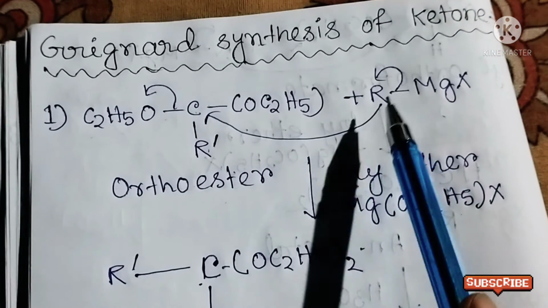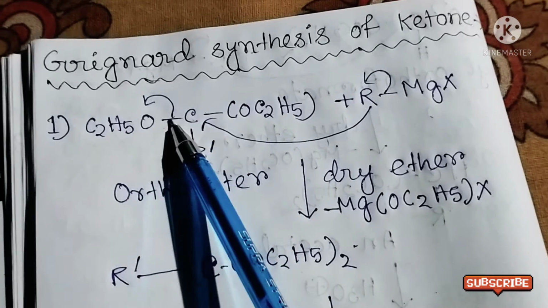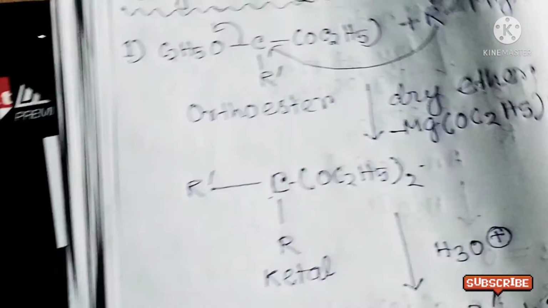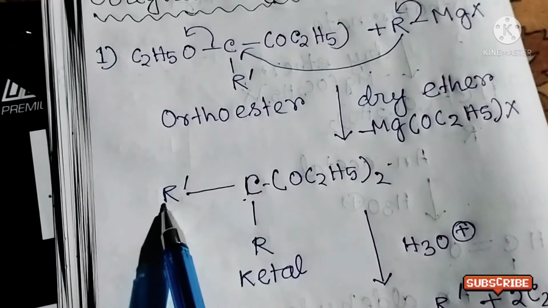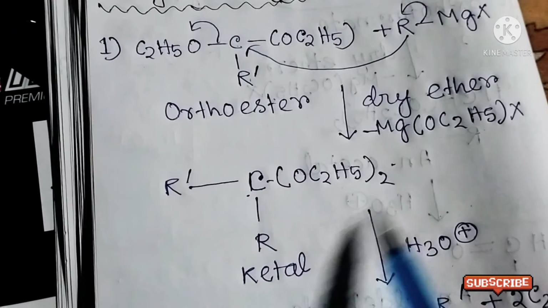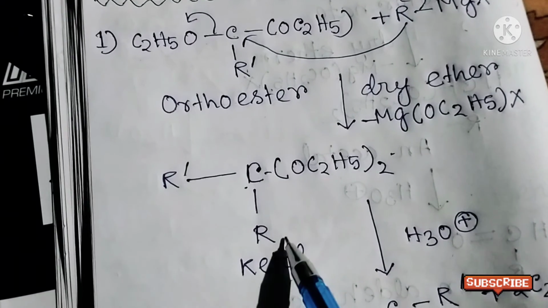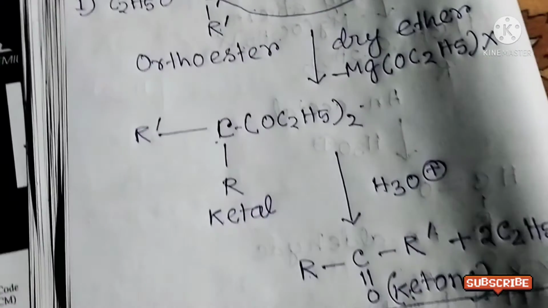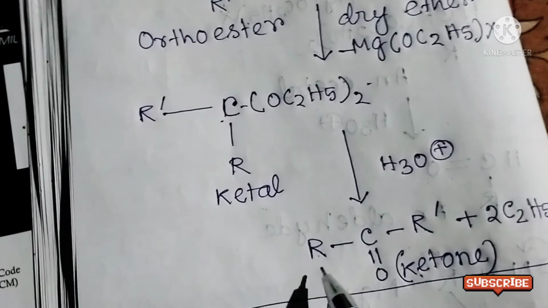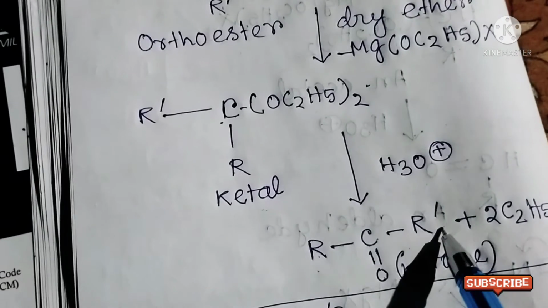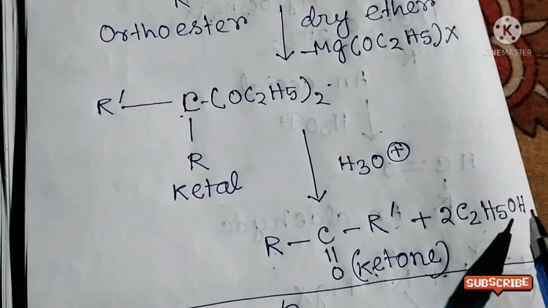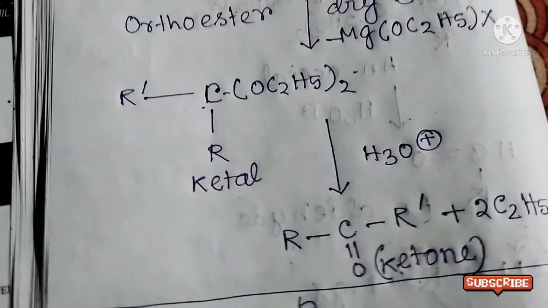This bond breaks, R dash attacks here, this bond breaks also, and this is removed, and we get R dash CR(OC2H5) whole twice, which is a ketal. When we treat this ketal with H3O plus, what do we get? We get RC double bond O R dash, which is a ketone, plus 2 C2H5OH. Understand?